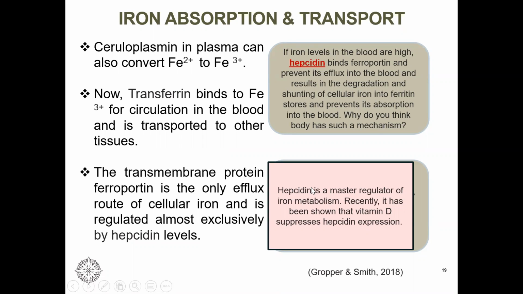Because hepcidin has to prevent iron from coming into the system, because too much iron will add to the inflammation. It will further cause damage to the cells. So from that level, vitamin D is crucial for iron metabolism also. And we now have data that shows people who are deficient in vitamin D are also deficient in iron, whereas this was observed only for vitamin A and iron earlier.